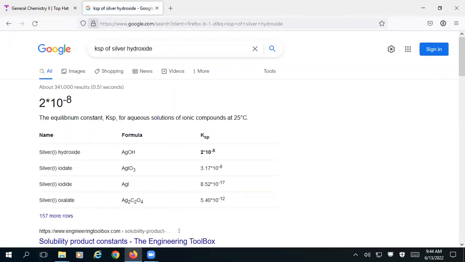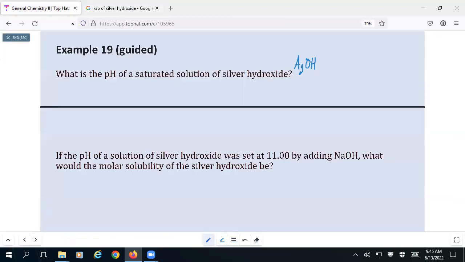All right, according to the engineering toolbox, we're getting 2 times 10 to the negative 8th. We'll go with that. We'll add an extra sig fig just for fun.